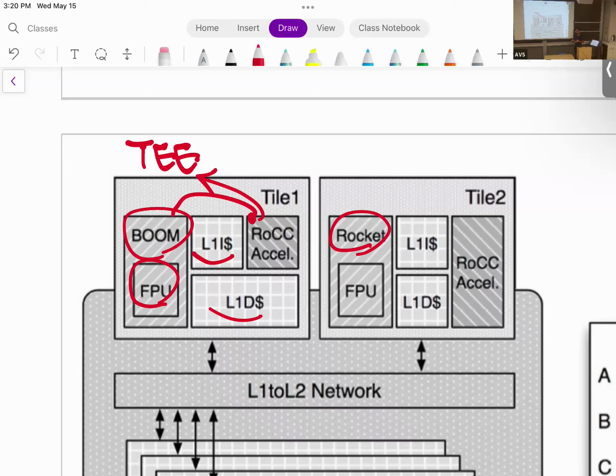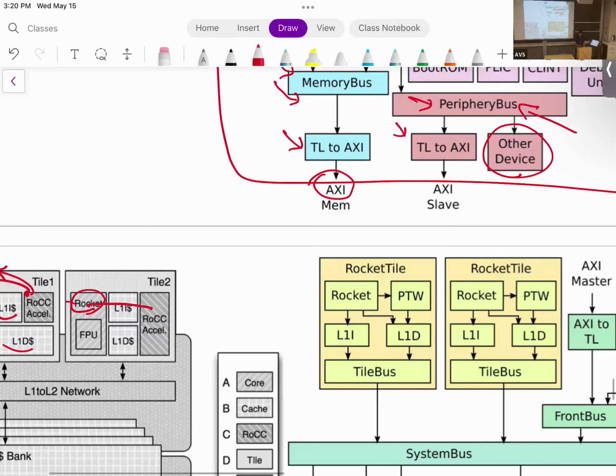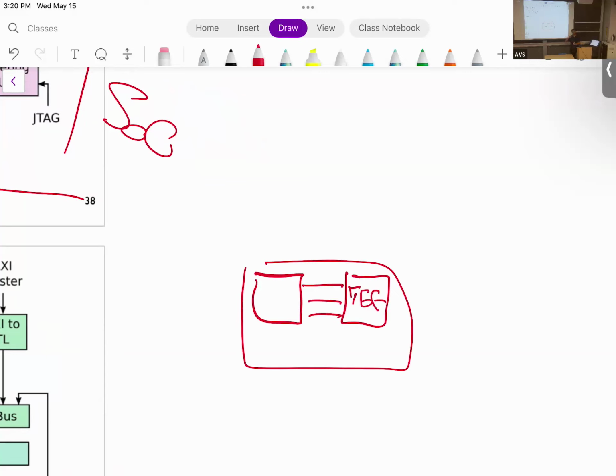So it's what we usually call a tightly coupled coprocessor, which means that the coprocessor and the core are tightly coupled to each other. If I zoom this in, the tile will look something like this: this is my core, this is my quote unquote accelerator. When I say accelerator, I refer to any sort of logic that works as a coprocessor. So in this case, this is the TEE. The TEE and the CPU usually have a literal wire-to-wire connection.